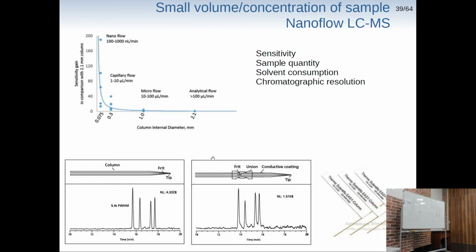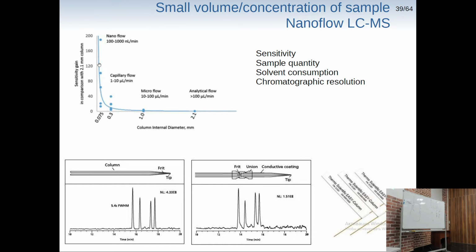And it will also have a really small flow, like 100 nanoliters, not microliters, nanoliters per minute. It will allow us to get higher sensitivity than having a lot of sample and really high flow rates.